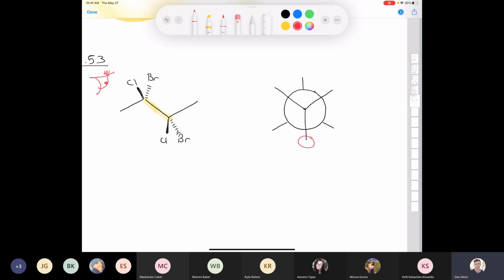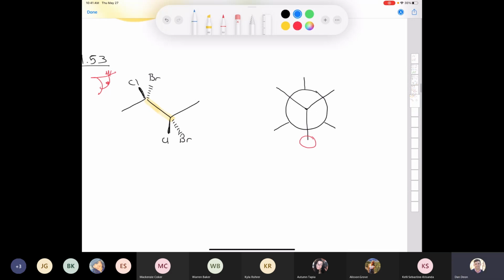Yeah, it's going to be a methyl group, because the person who's viewing it is looking at this carbon. If I put a blue C here for this carbon, that's the blue C. So what's pointing straight down is this methyl group right here. So in that position, I have a methyl group right here.